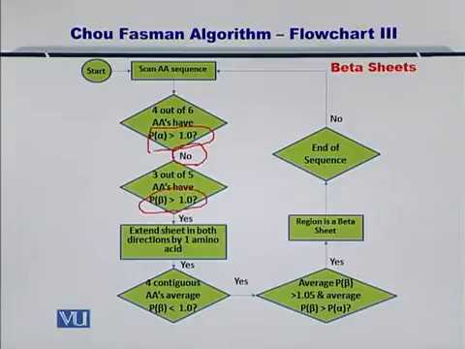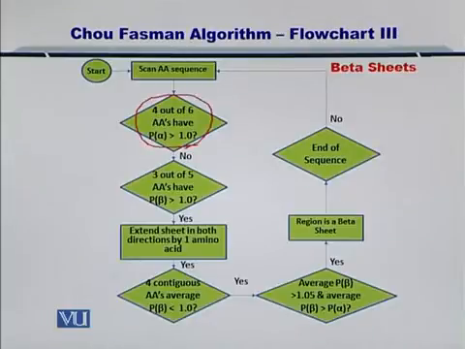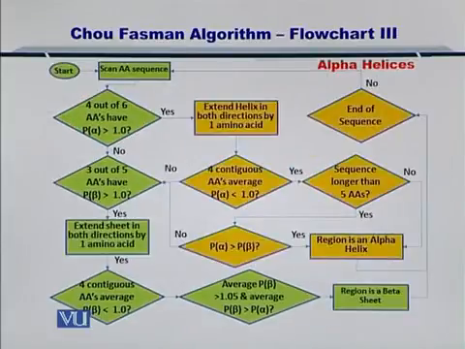If the propensity for forming a beta sheet is good, then you move forward towards forming a beta sheet. But in case the propensity for forming an alpha helix is high, then you must form an alpha helix. So let's review that portion.